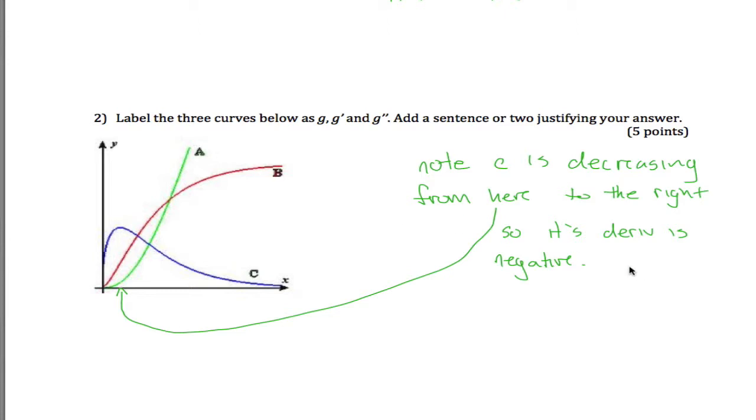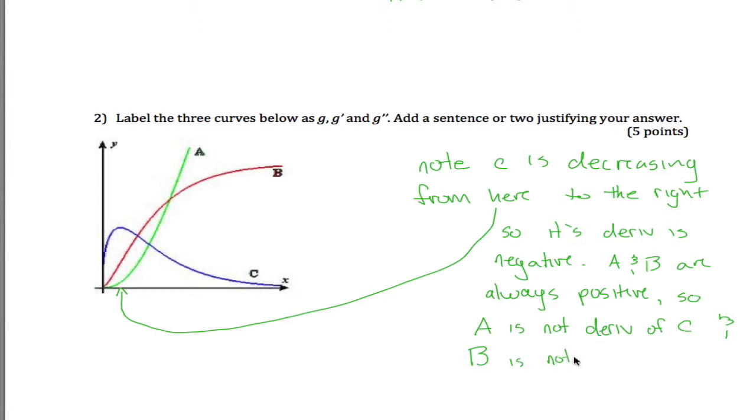A and B are always positive. So what I'm saying is that A is not the derivative of C, and B is not the derivative of C. So C is G, we're not talking about F anymore, G double prime.